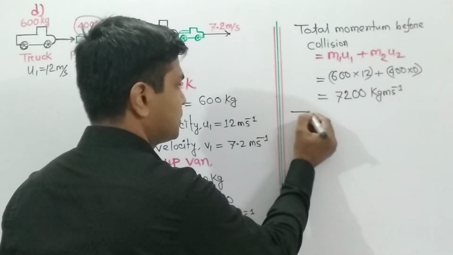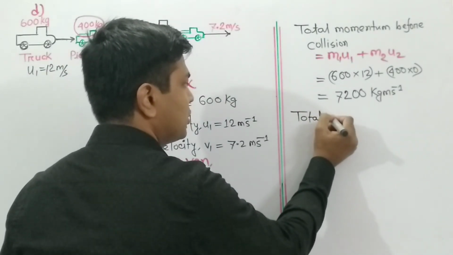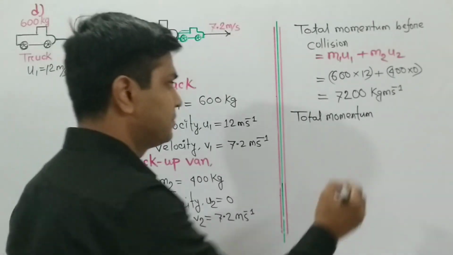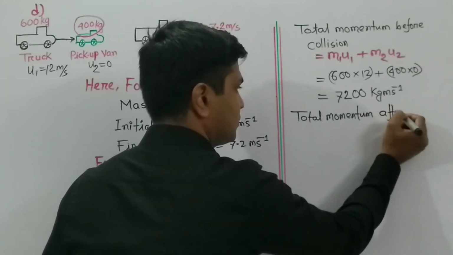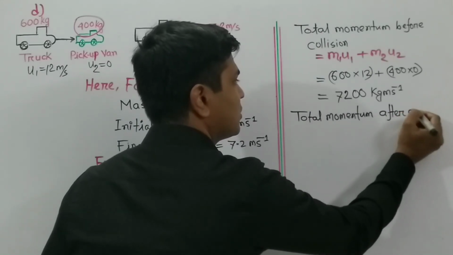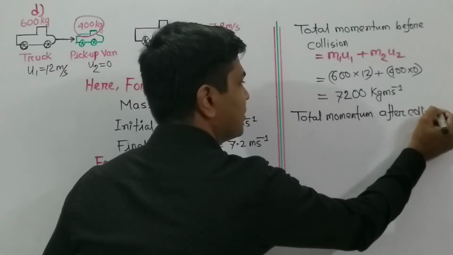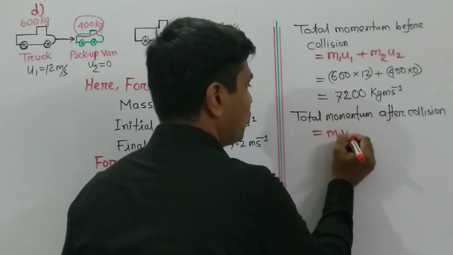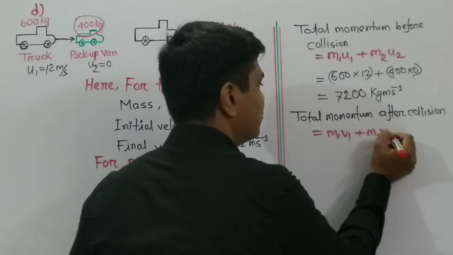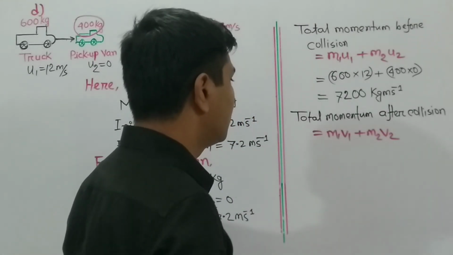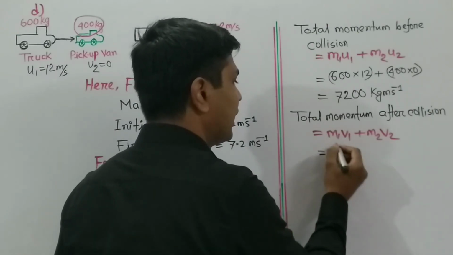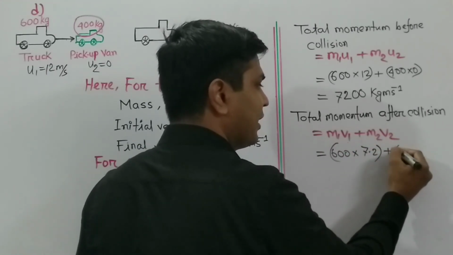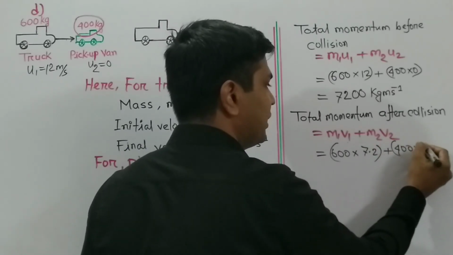Now total momentum after collision. We know the formula is m1 v1 plus m2 v2, and if you put the values, then we can write m1 is 600, v1 is 7.2, plus m2 is given here 400 and the value of v2 is 7.2.